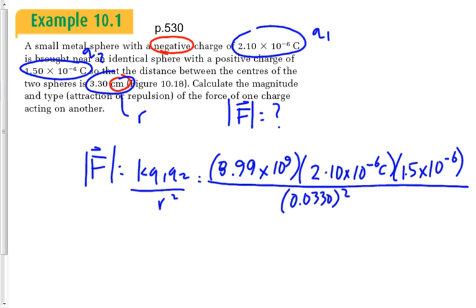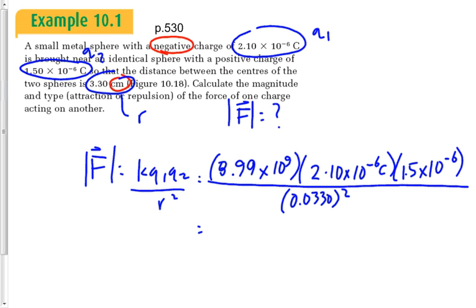It's important in determining whether it's an attractive or repulsive force, but it's not important mathematically. Don't ever put a negative sign into an equation for charge. Again, negative in an equation will always mean a negative direction, not a negative type of charge. Let's get the value of that force now.